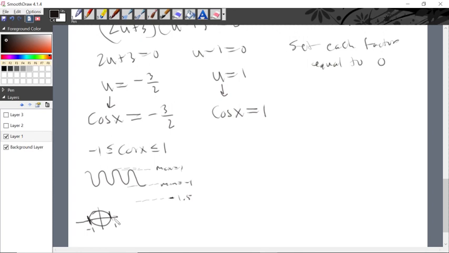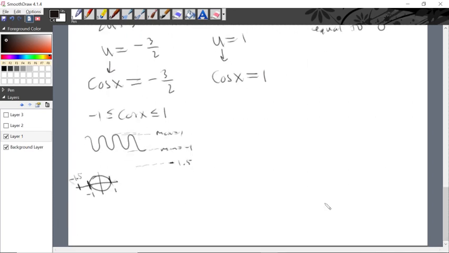As we move on the unit circle, the x-coordinate will never get to -1.5 while we remain within the unit circle. So any way you look at it, the equation cosine x equals -3/2 has no solution. The cosine of x cannot equal -3/2. No solution to that one.